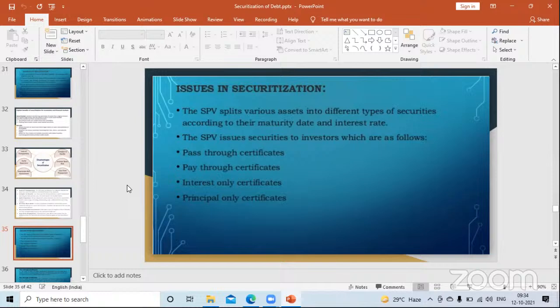According to their maturity date, interest rates, risk and returns factors, these are the factors that will have to be kept in mind by the SPV while splitting various assets into different types of securities. If you do not set the maturity dates properly, then the investor will not purchase.